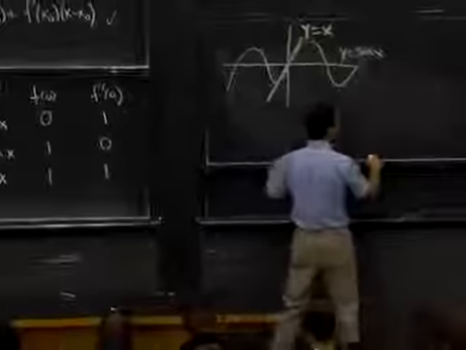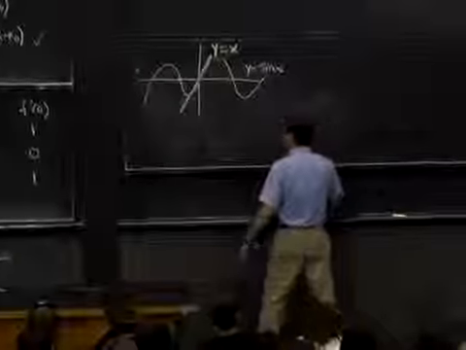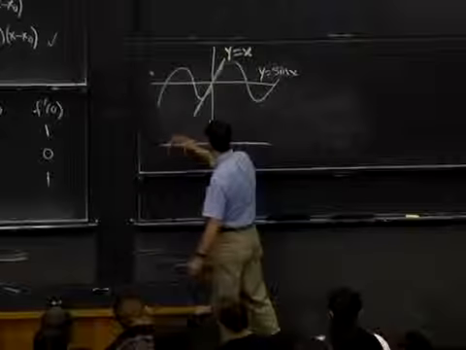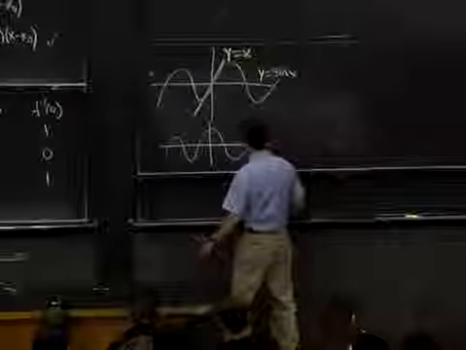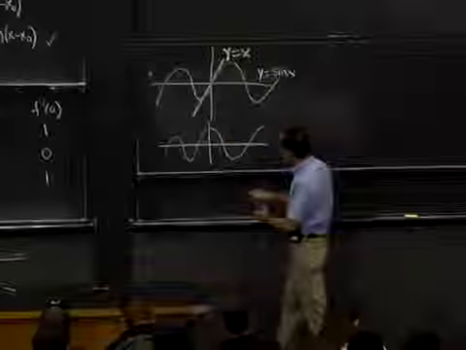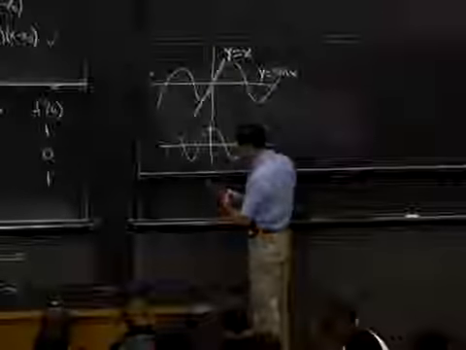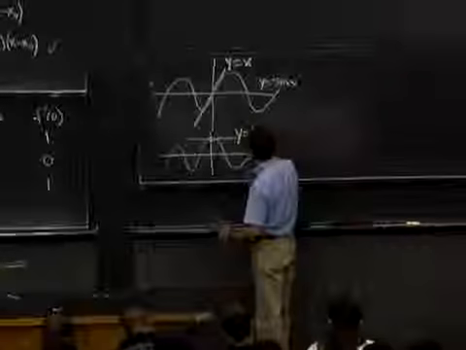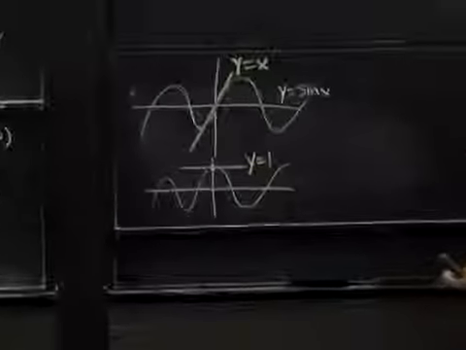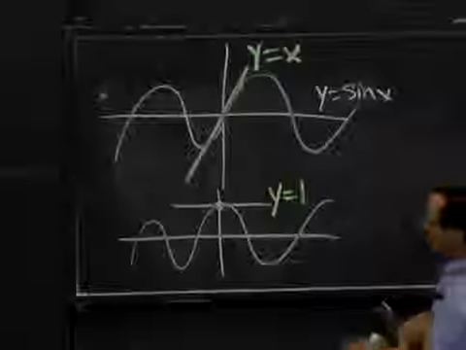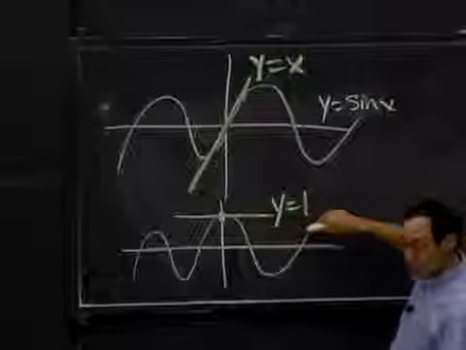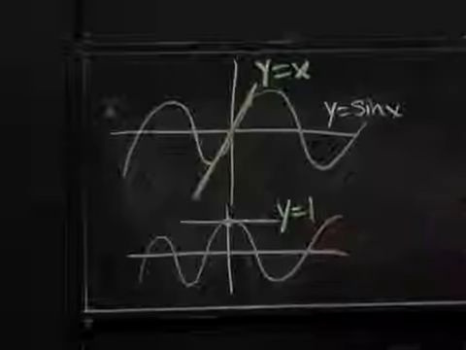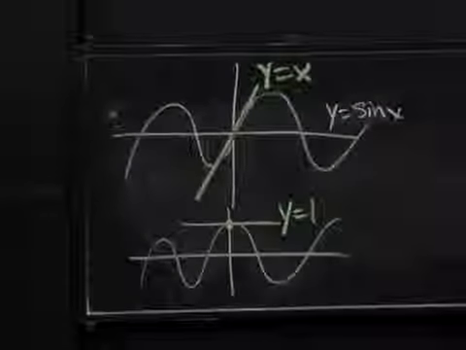The cosine function, I'll put that underneath. I think I can fit it. Make it a little smaller here. So for the cosine function, we're up here. It's y equals 1. Well, no wonder the tangent line is constant. It's horizontal, so the corresponding function is constant.